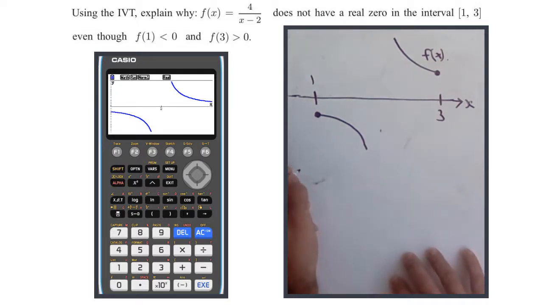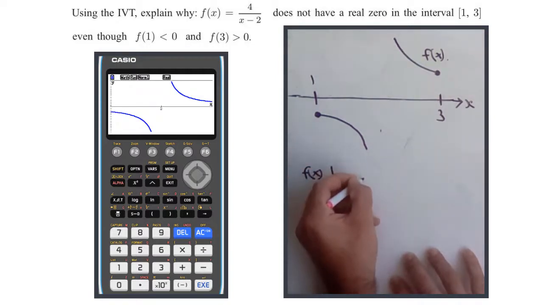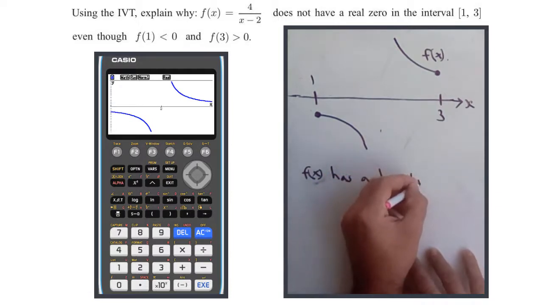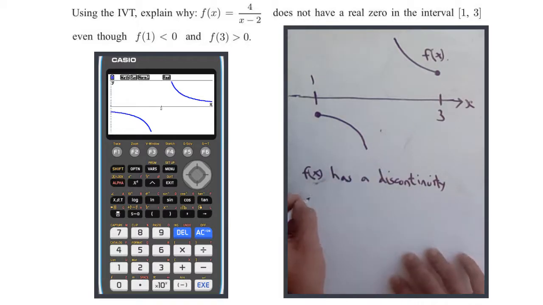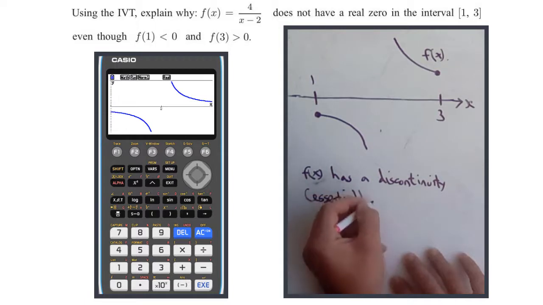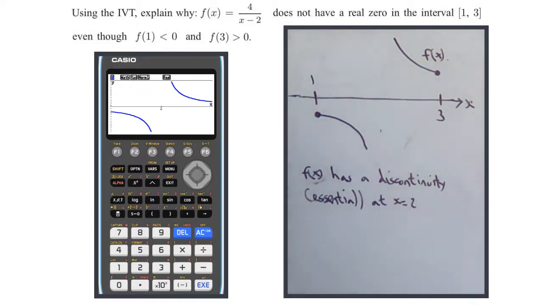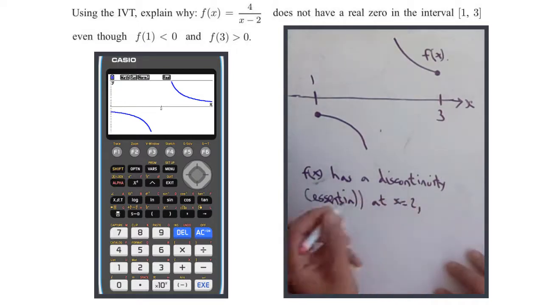So we can see f of x has a discontinuity, and it's essential, at x equals 2. And because 2 is within this interval, IVT cannot be applied.